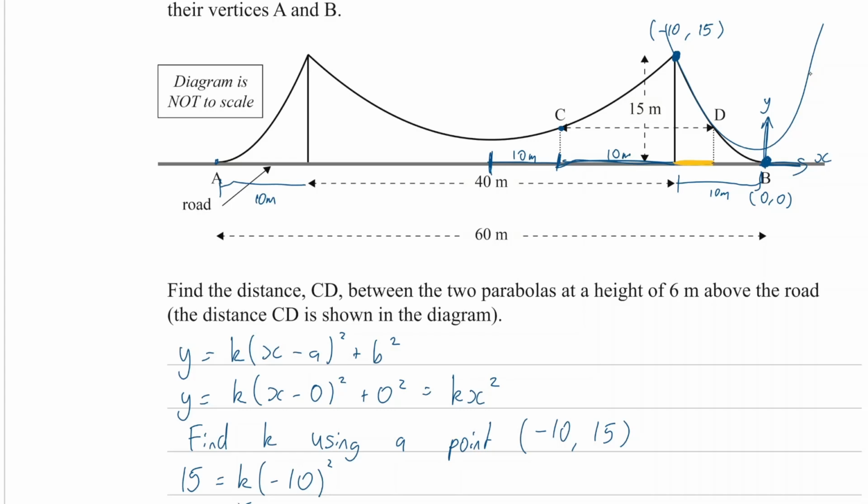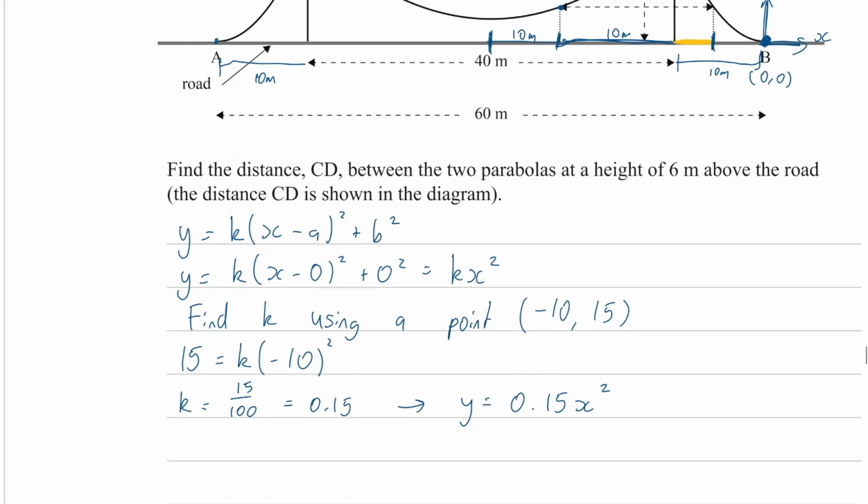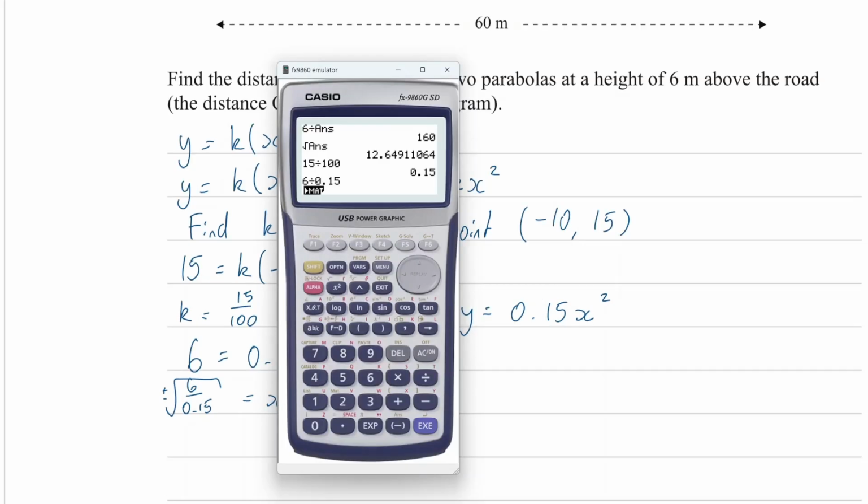Now we can use that model to find this x value, right, in line with D. And that happens when y is equal to 6. So substituting in 6 for y, dividing both sides by 0.15, and then square rooting, we get x. So 6 divided by 0.15 is 40. Now square root 40.